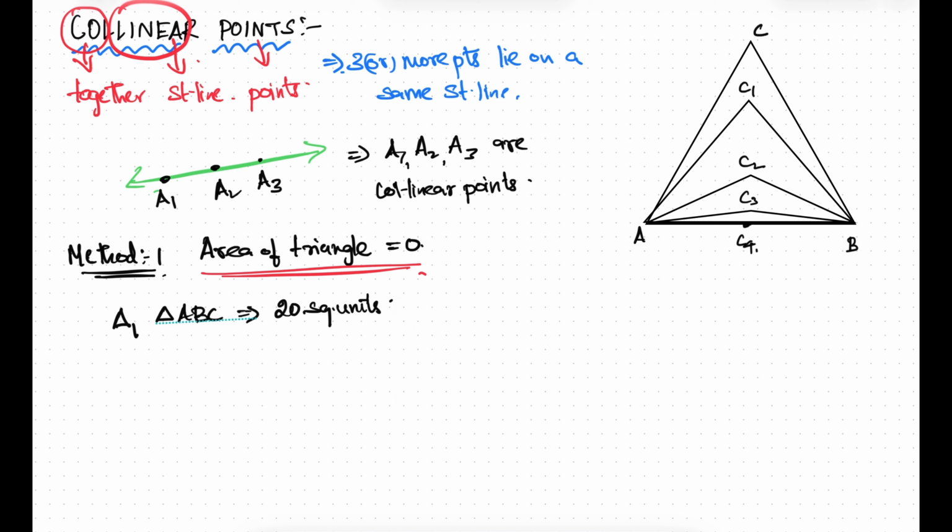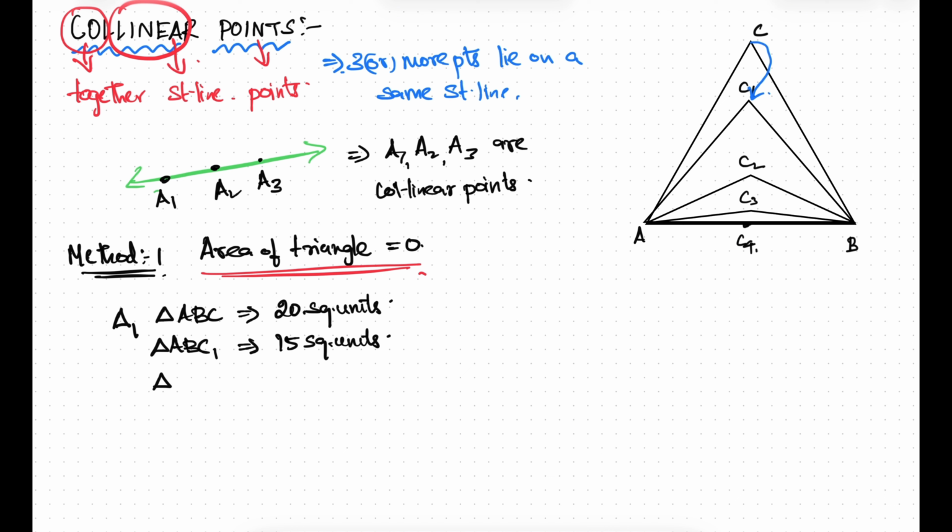Now if I bring down the point C to C1, the altitude of the triangle decreases, thereby reducing the area. So the area of the triangle is now any value lower than 20, let's say 15 square units.